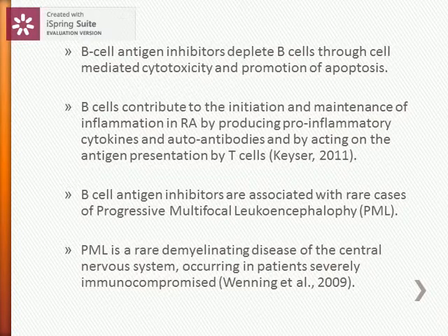B-cell antigen inhibitors are associated with rare cases of progressive multifocal leukoencephalopathy, PML. PML is a rare demyelinating disease of the central nervous system, occurring in patients who are severely immunocompromised.